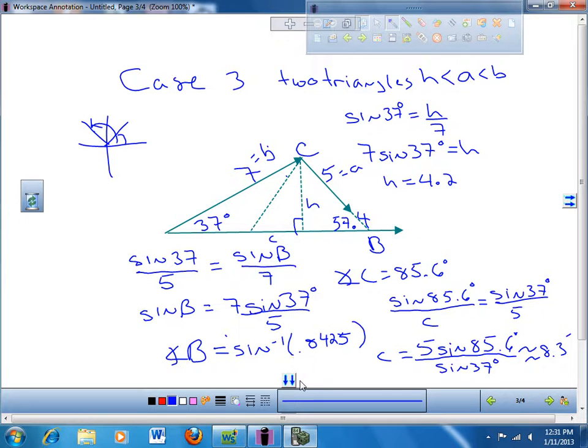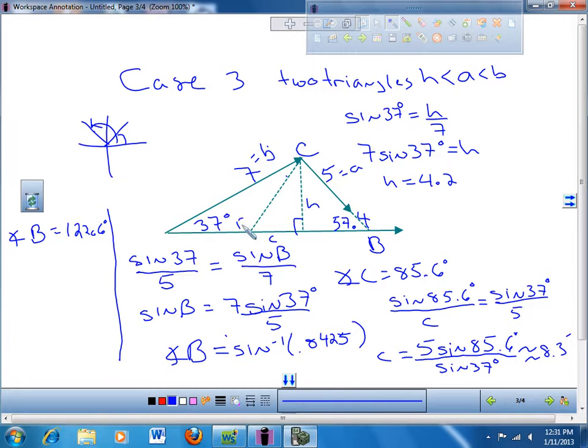So my other possibility is that angle B is 180 minus that, which comes out to be 122.6 degrees.